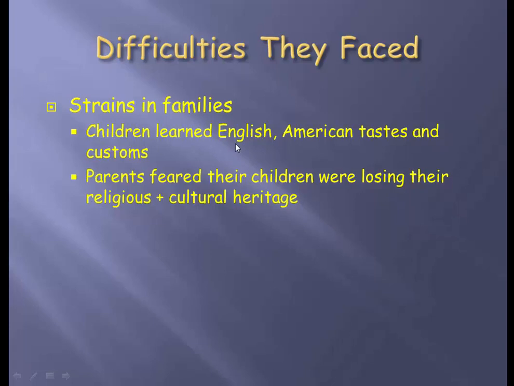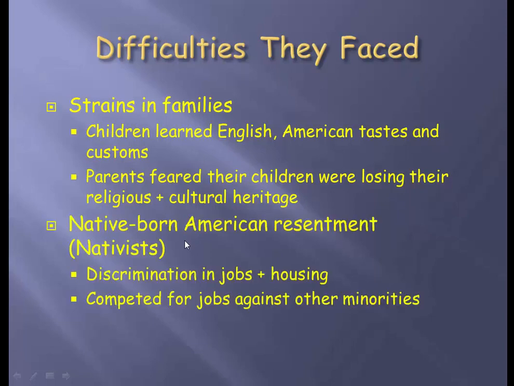Their kids were learning English, and they were learning American tastes and American customs, and the family as a unit tried to really hold on to their cultural heritage. Parents feared that the children were going to lose that religious, cultural heritage and become Americanized, which wasn't a bad thing, but the parents didn't want that. They wanted to hold on to their home life, what they used to have at home.